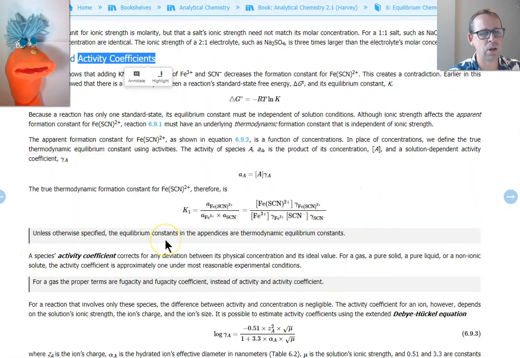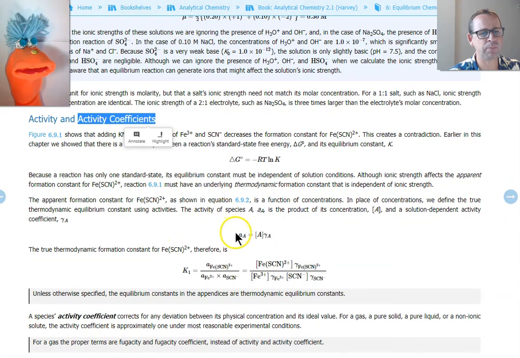Okay, so for example, the activity of some analyte A is the concentration of A times its activity coefficient. The activity coefficient is a number which is 1 or less than 1, right? So it's a fractional number that's going to lower the relative activity by multiplying it by the concentration of your analyte.